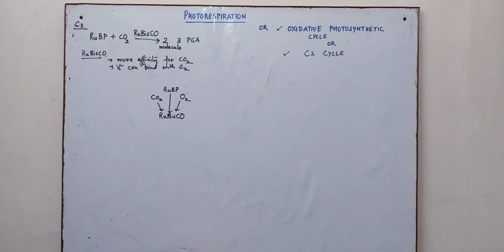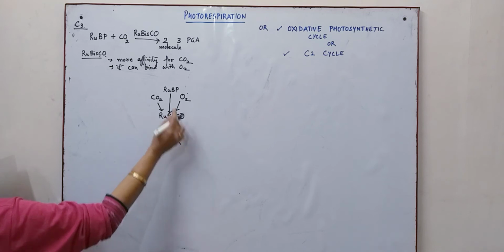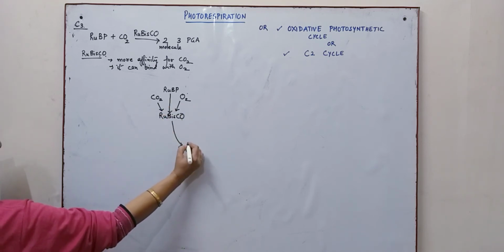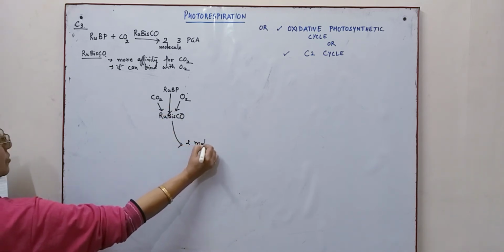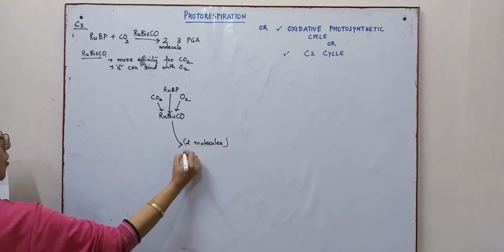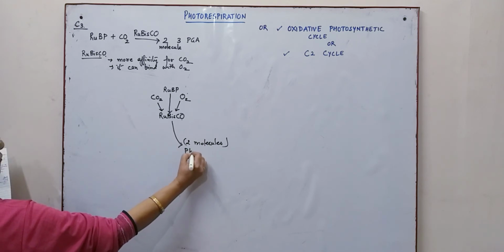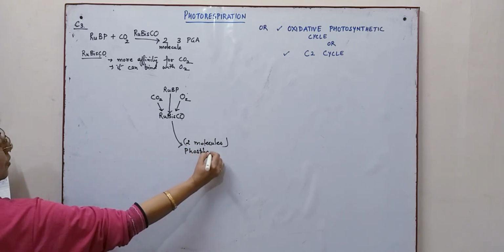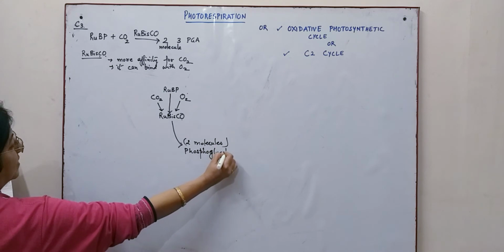And as a result, instead of forming two molecules of PGA, if it combines with oxygen, it will form two molecules of phosphoglycolate.